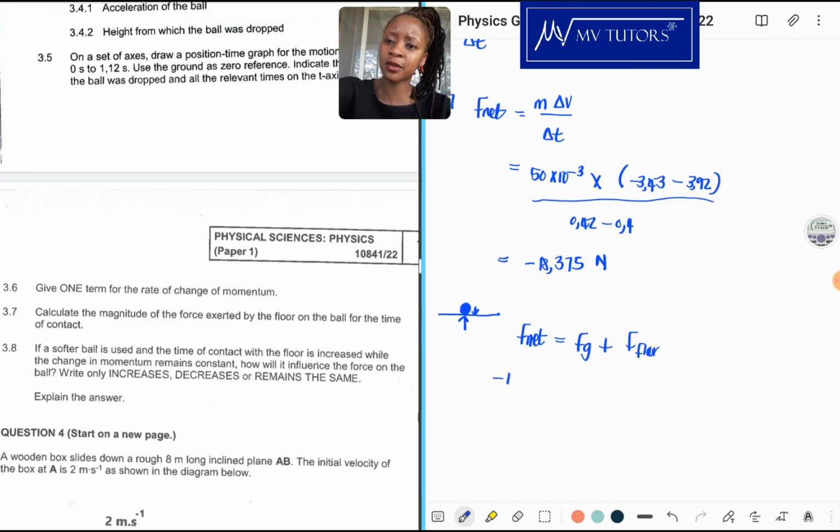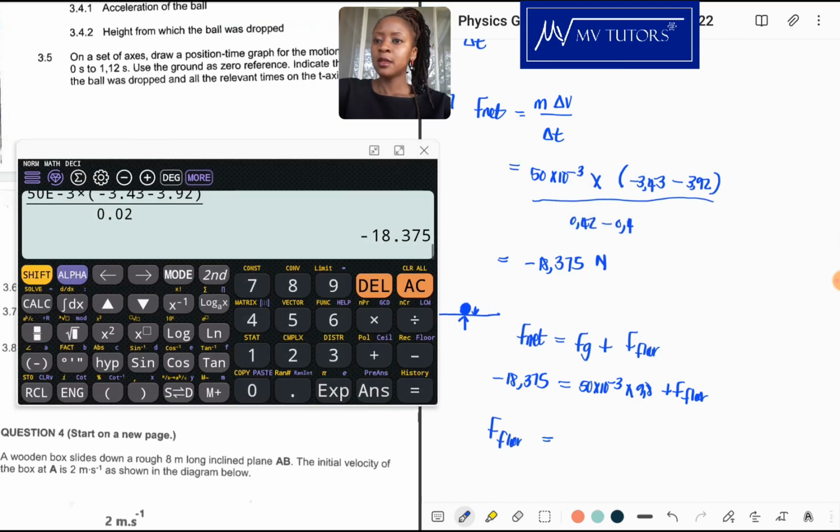Our net force that we calculated is negative 18.375. The force of gravity would be 50 times 10 to the negative 3 times 9.8, plus the force of the floor on the ball. So the force of the floor on the ball is going to be equal to negative that, minus 50 times 10 to the negative 3 times 9.8.